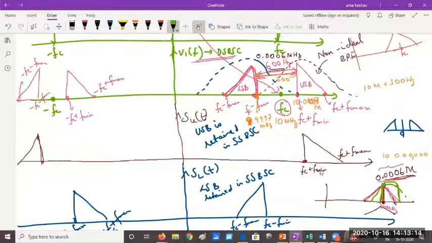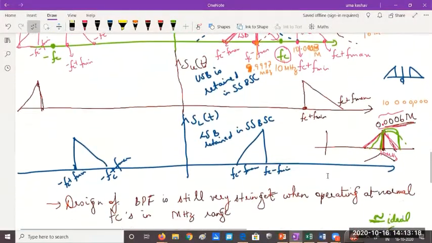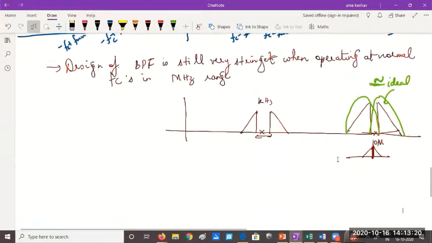That's why they have told for best filter design, the ideal condition is that you should have twice this gap. Actually, the gap from here to here is alpha and from here to here is also alpha. That's why it is 2 alpha.